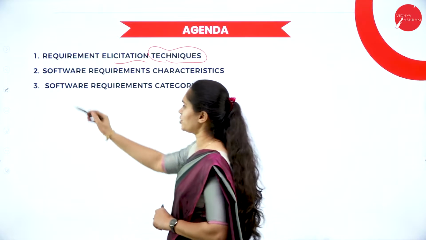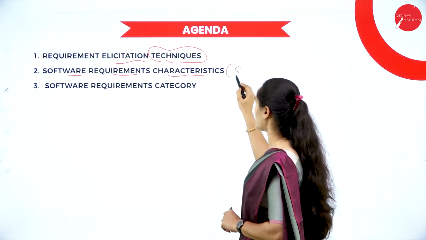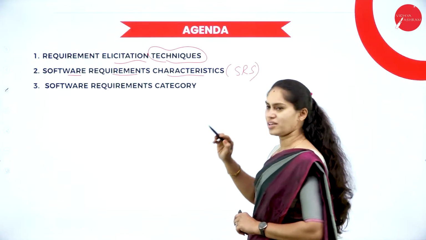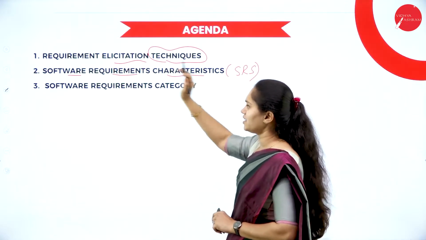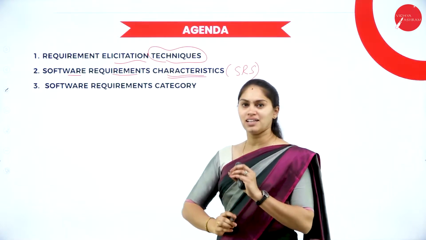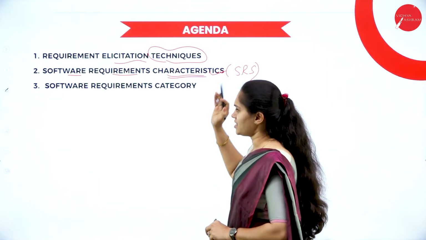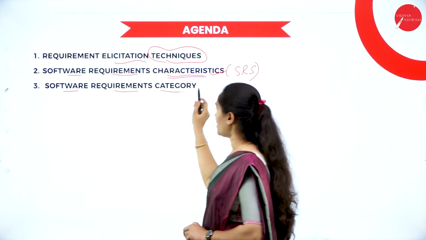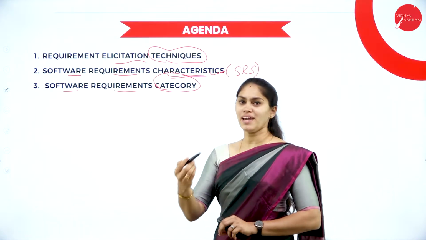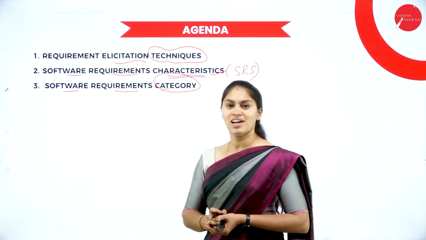We'll also see the software requirement characteristics. Here the software requirement specification is important, and along with that, what characteristics the requirements of a software must include. I will also discuss the software requirement categories, how they are categorized or classified, in today's session.